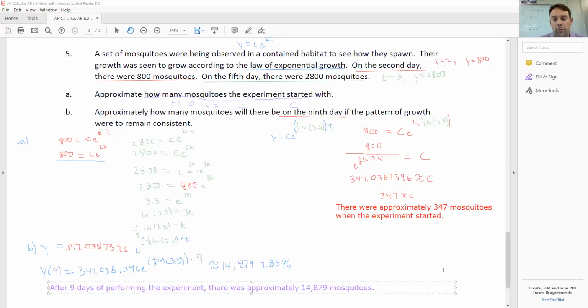I round to the nearest number because I don't know about you friends, I've never seen a part of a mosquito before. That's called when the mosquito meets the fly swatter. So we want to make sure we keep that as a reasonable number.